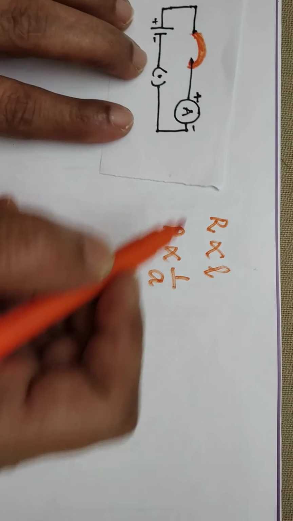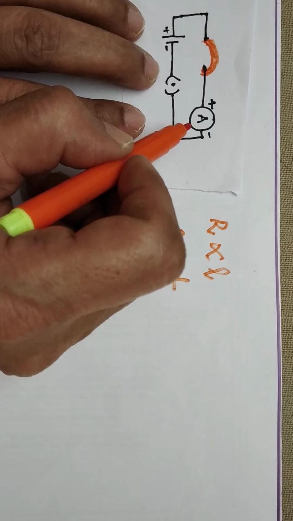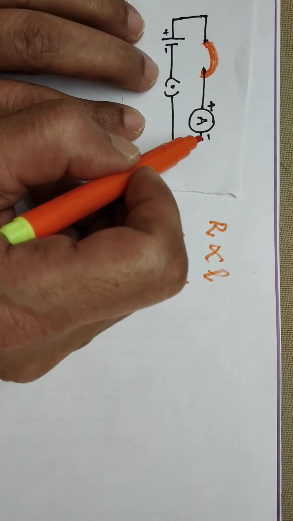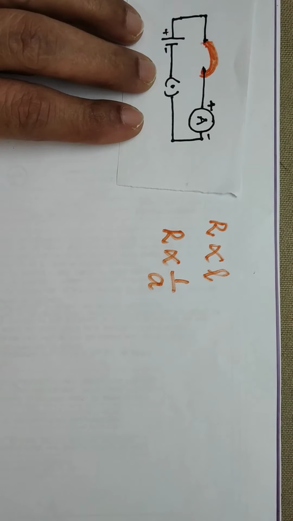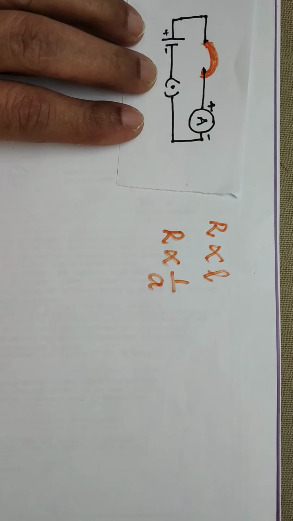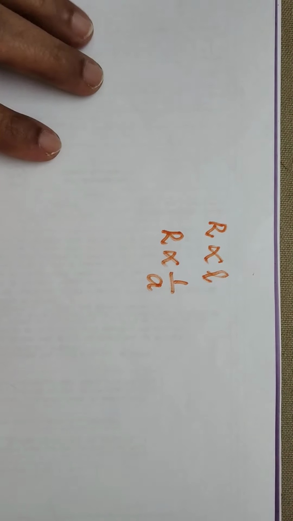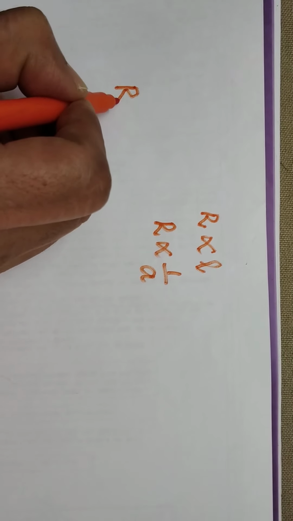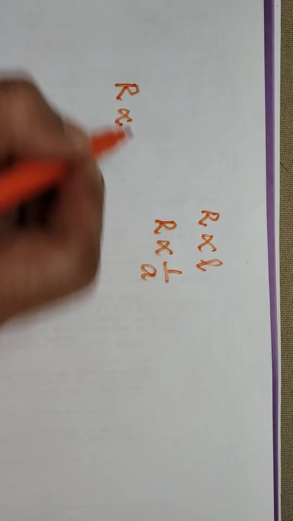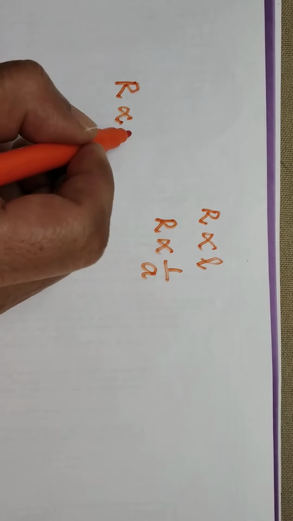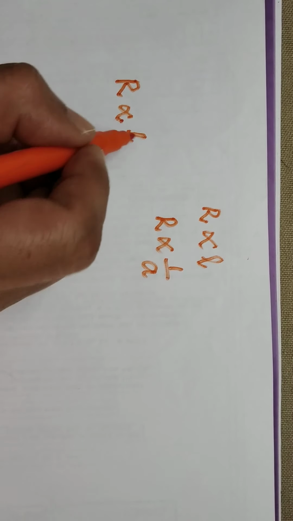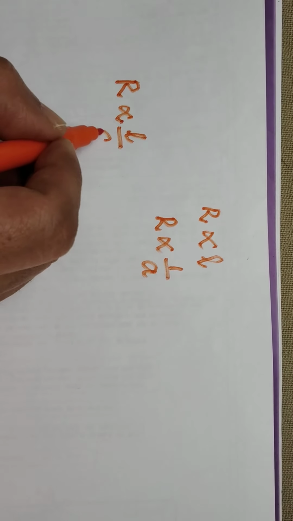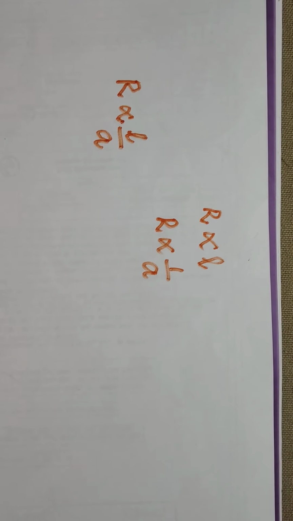Is that clear? So the ammeter reading will be higher when the thickness is increased. Okay. Now combining these two, you can write R is proportional to L by A, directly proportional to length and inversely proportional to area of cross section.